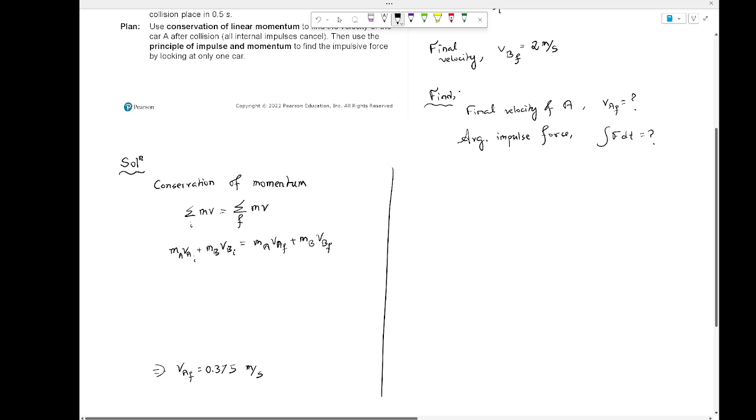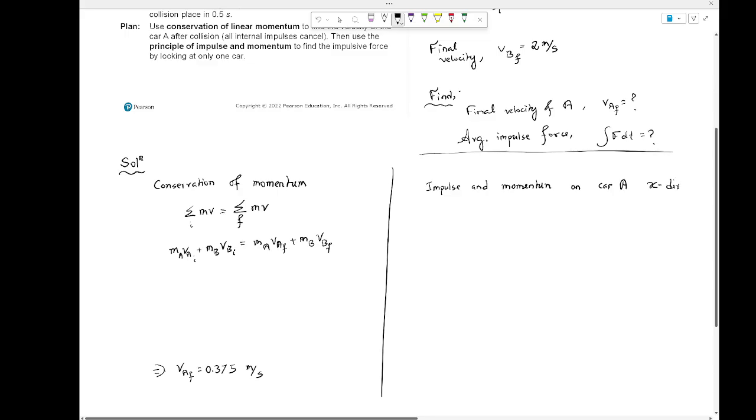And the second one, let me write it next to it. So that one is impulse and momentum on car A, okay, in X direction.